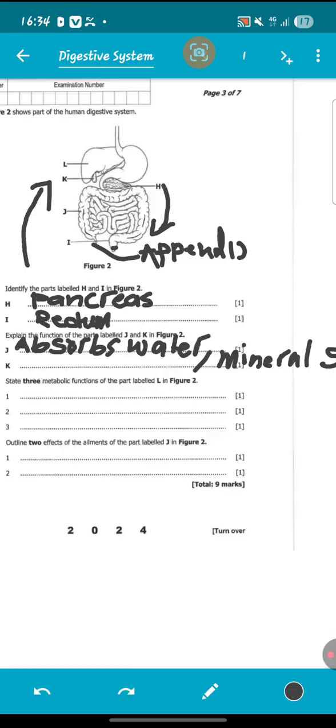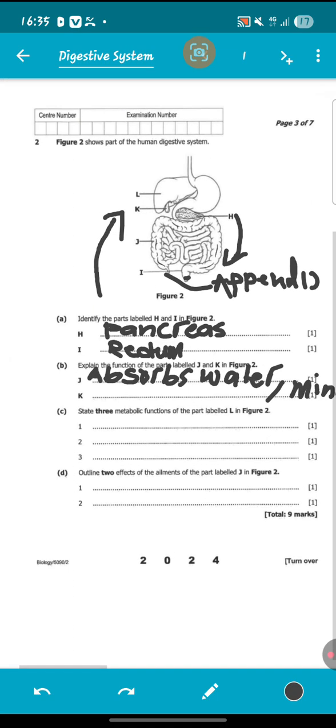What's the function of the gallbladder? It's the one which stores the bile before releasing it into the duodenum for the emulsification of the fats.